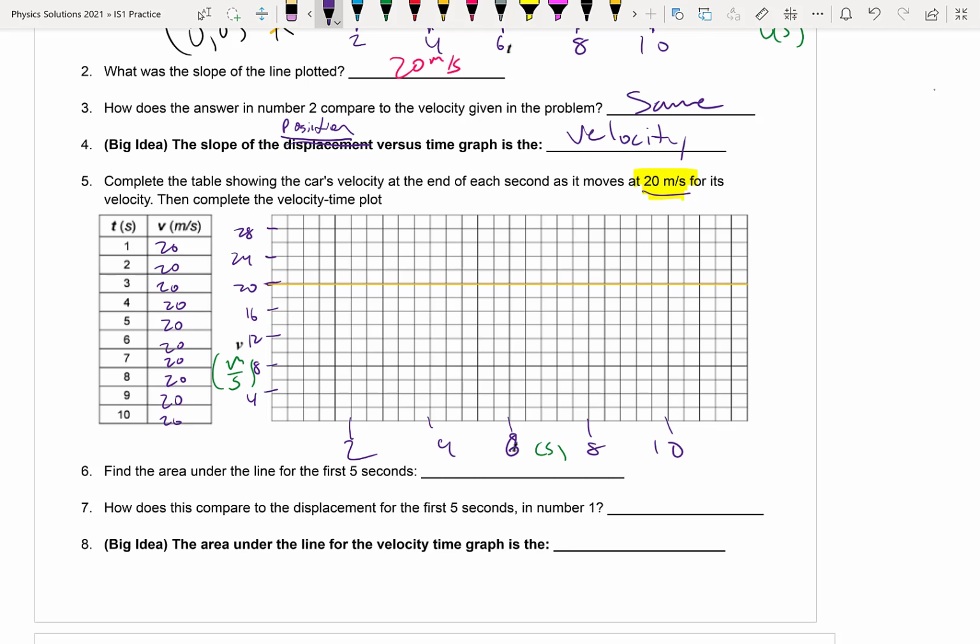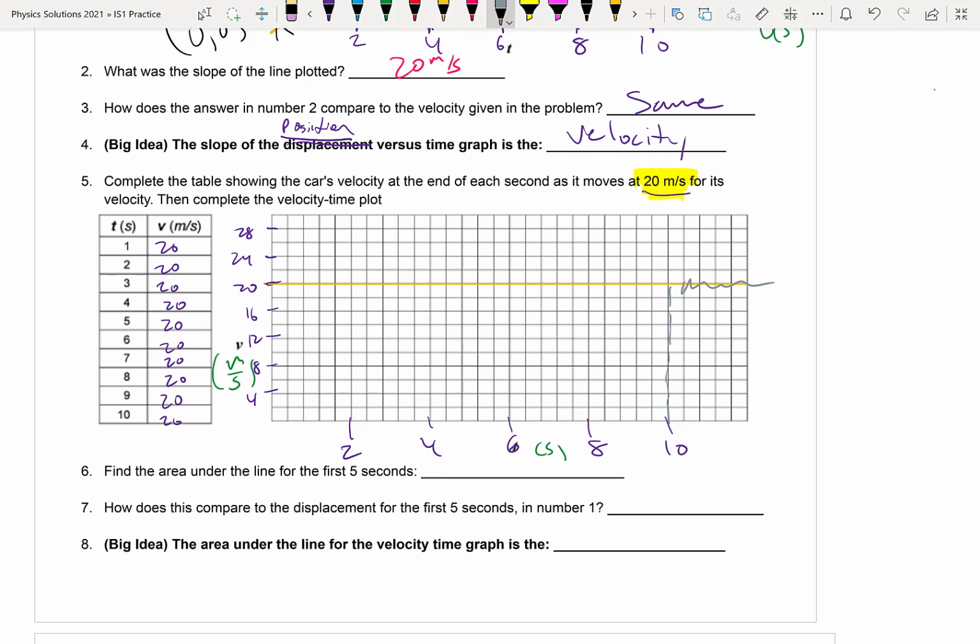You want to use as much space as you can. So 2, 4, 6, 8, 10, and I'd have a graph up to 10. We'll leave it about here, since this part of the graph doesn't exist.